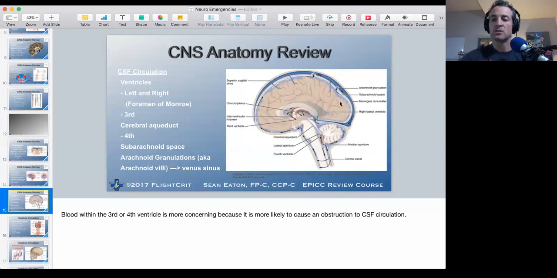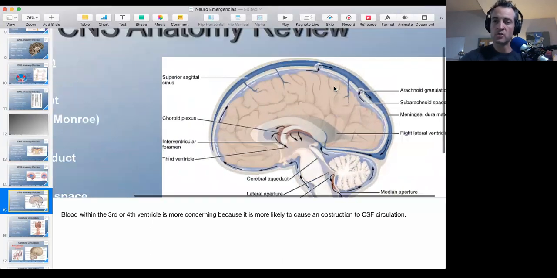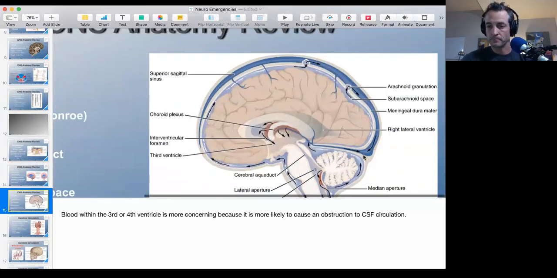I'm sorry, just outside the subarachnoid space. So you have these granulations. Let me zoom in here a little bit and show you what I'm talking about. You have here the subarachnoid space, and then there are these arachnoid granulations that extend across the dura and protrude into the sagittal sinus.